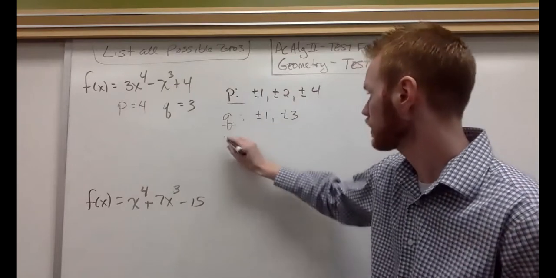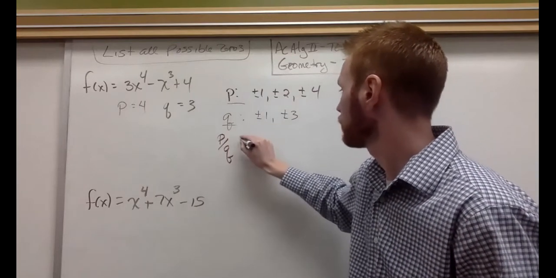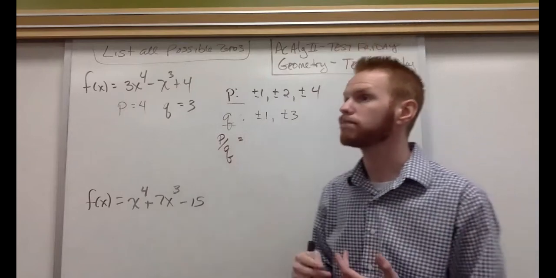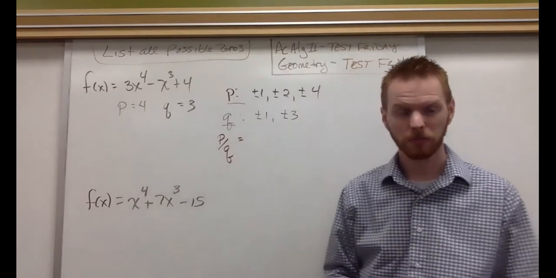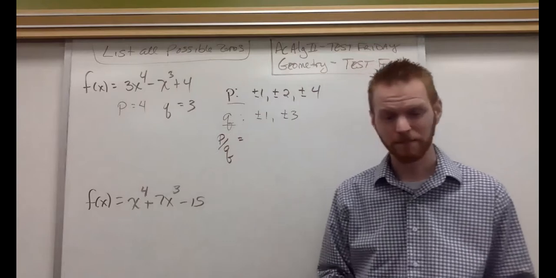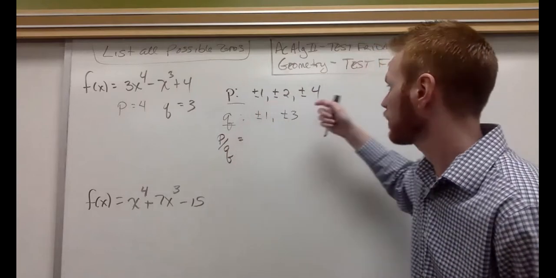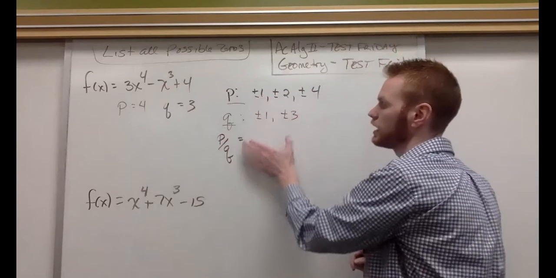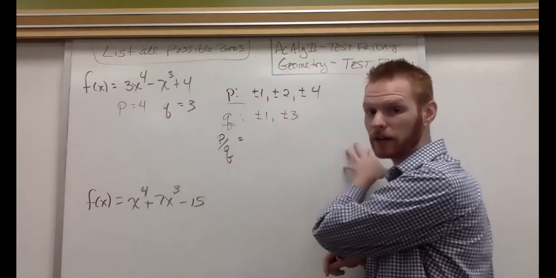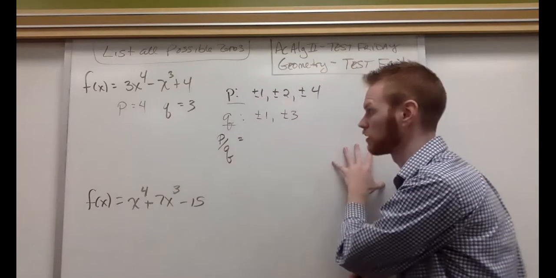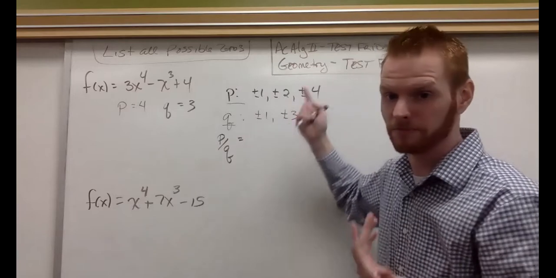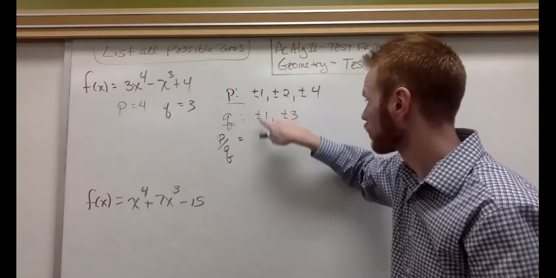Okay? Now, to figure out what are my possible zeros, my possible solutions to this guy, I'm going to take every combination of p and divide it by q. And whatever the outcome is, those are all my possible zeros. So what I do is I just pick one to start with. Okay? 1 over 1.